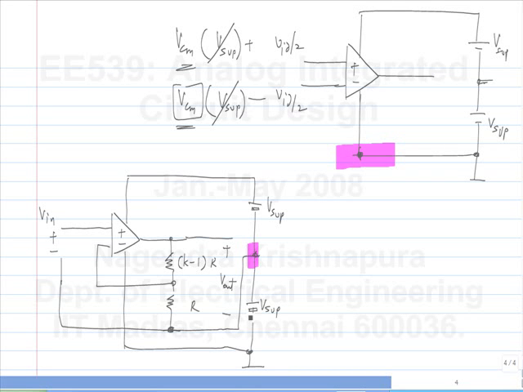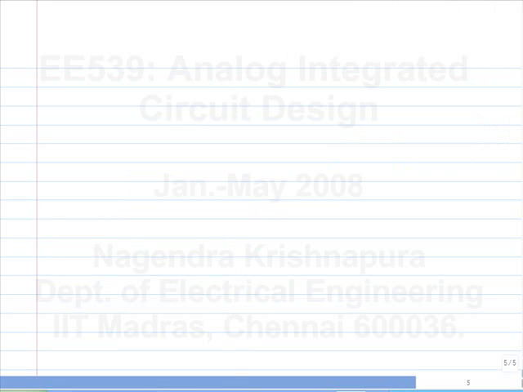So what do you have to do? Let's say the previous stage has a certain bias value, and on top of that it has a certain voltage. This V1 is what we want to feed to our circuit.